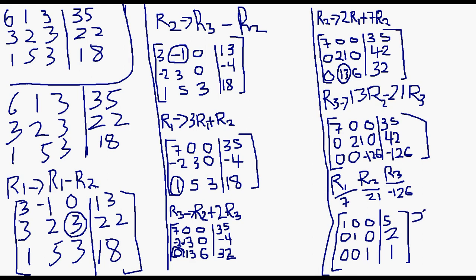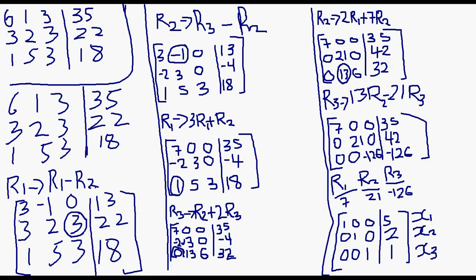So x1, x2, x3. What I want to do is, because the question asked how much the person should purchase, we need to also put it in that form.